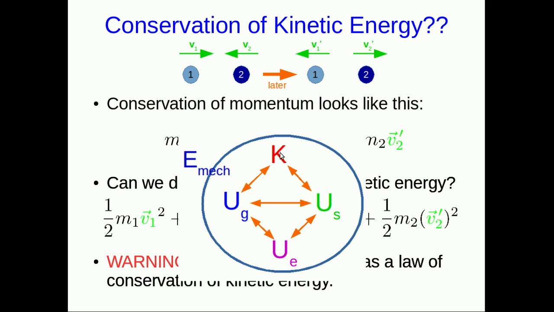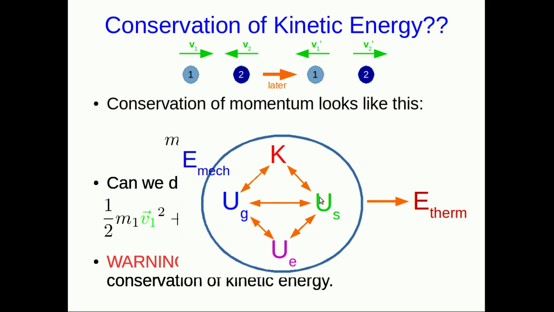Remember that kinetic energy and other types of mechanical energy interchange, transform into each other easily, and they can also turn into thermal energy, although then they don't tend to turn back. So if we're going to use this, we have to worry about this fact that kinetic energy tends to transform into other types of energy.